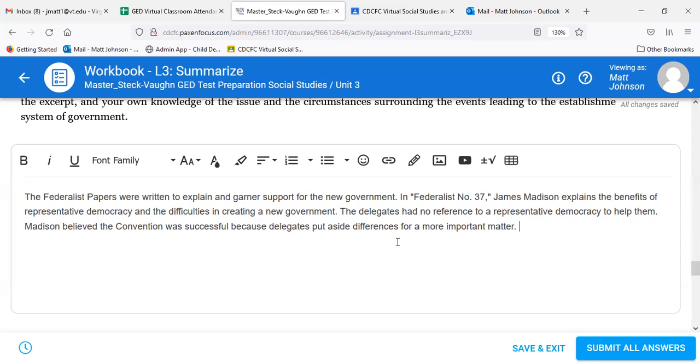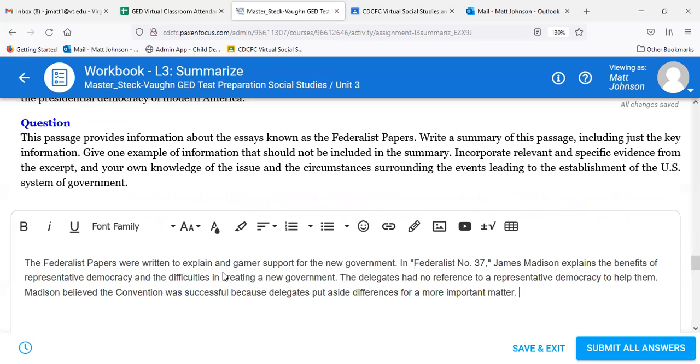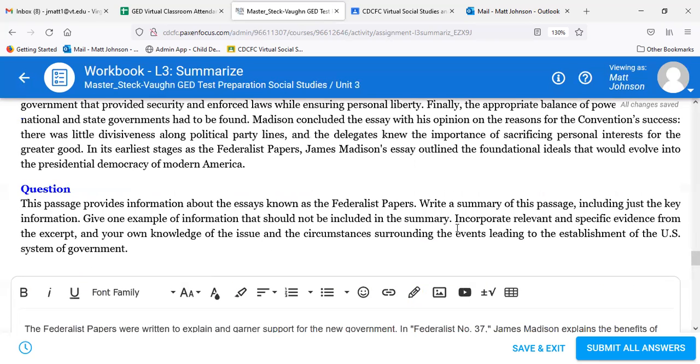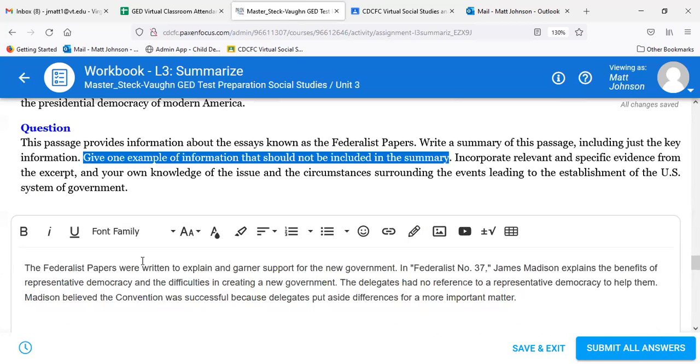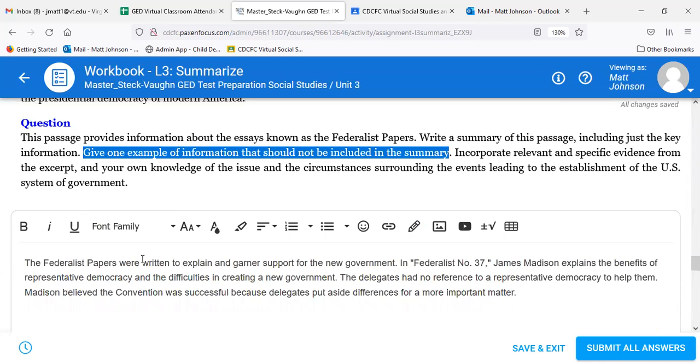Okay. Now there was one thing that was different in our directions here. It's asking us to incorporate or give one example of information that should not be included in the summary. So if that is our summary, the Federalist Papers were written to explain and garner support for the new government. In Federalist number 37, James Madison explains the benefits of representative democracy and the difficulties in creating a new government.